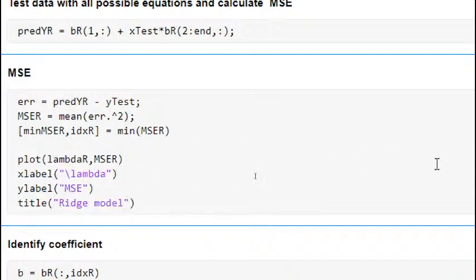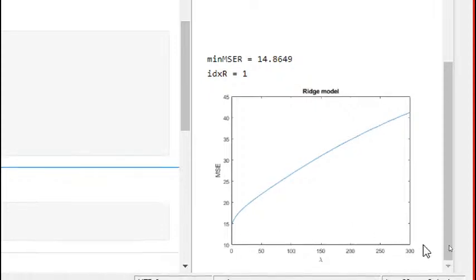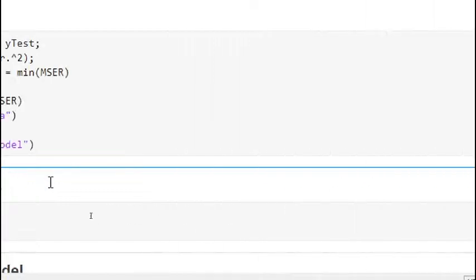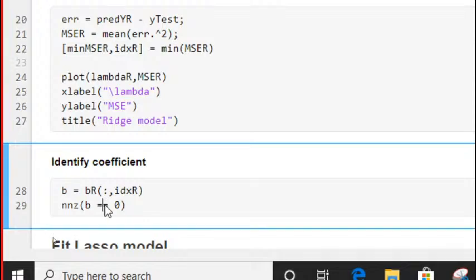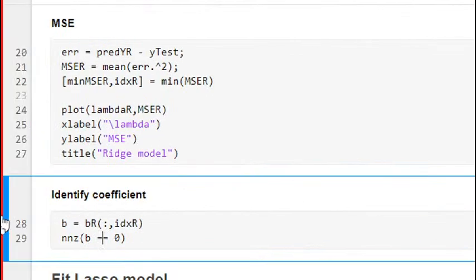As I told you, you have to pay a high cost. You see that when lambda is increasing, my mean square error is also increasing in this case. Further, how many coefficients are removed? Either cylinders is removed or acceleration is removed.